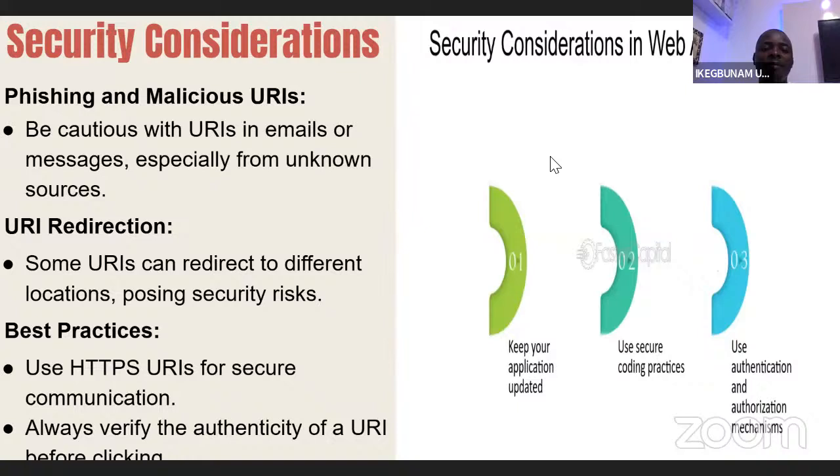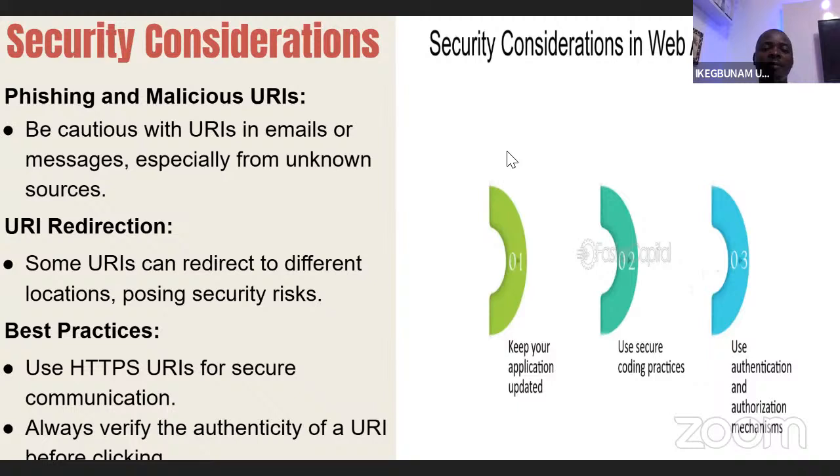So we'll talk about security considerations on resource identifiers. One is phishing and malicious URIs. Be careful with URIs in emails or messages, especially from unknown sources. URI redirection: for instance, you might see a website and on clicking it, it will redirect you to another web page. You might be familiar with facebook.com and you are sent a link that says login to Facebook.